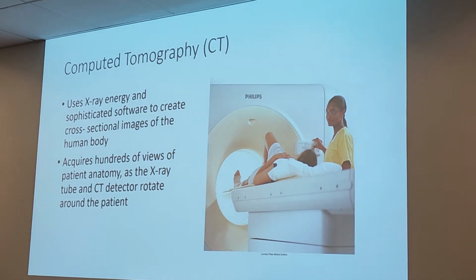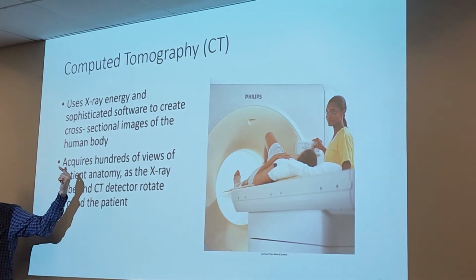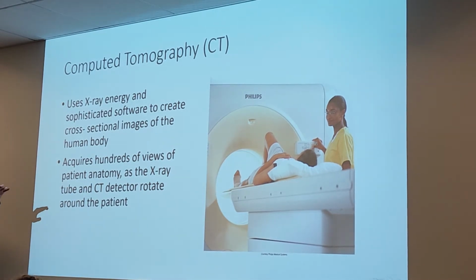This allows for more detail. It requires hundreds of views of the patient anatomy as the X-ray tube and the CT detector rotate around the patient. So the patient is sitting on the bed, they go through the mini donut. Inside the donut, you have a tube spinning around, and those pictures that it takes as it spins are all reconstructed through software to create your final images.